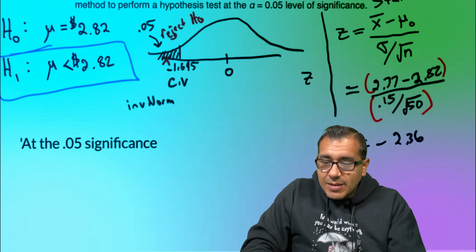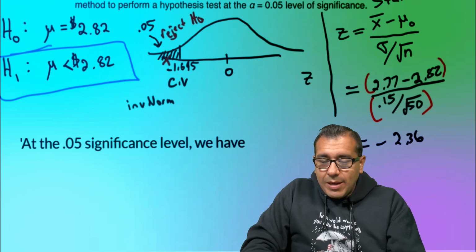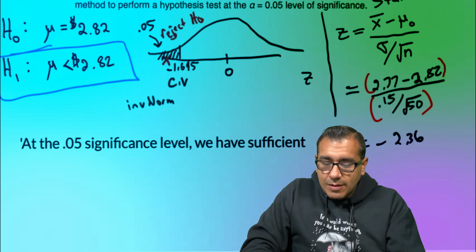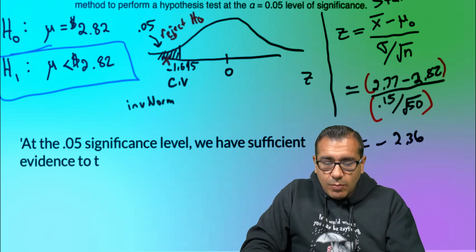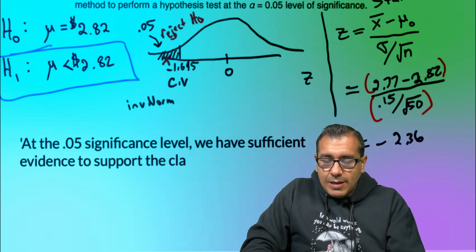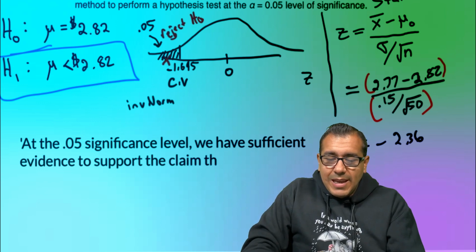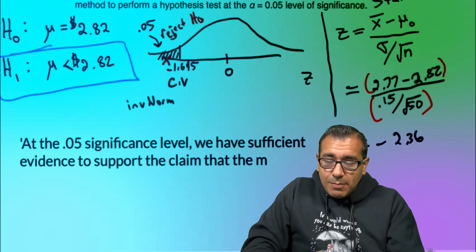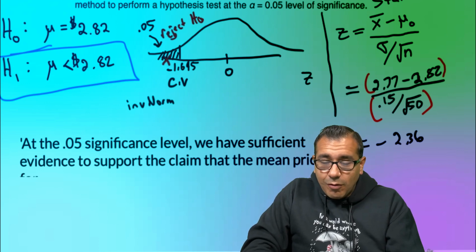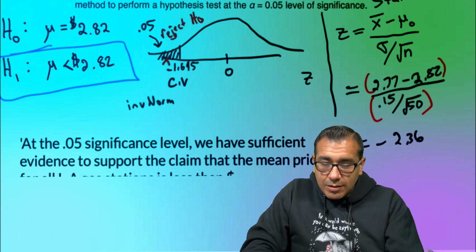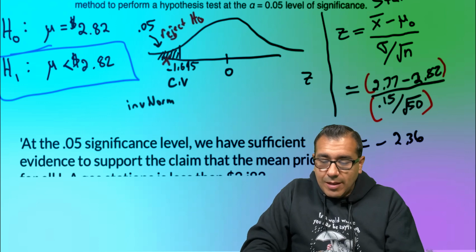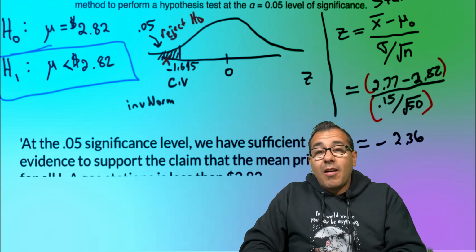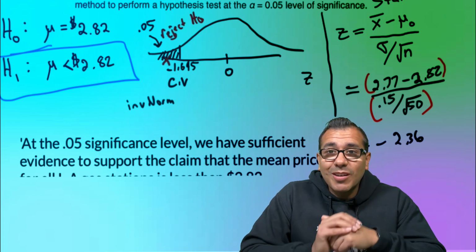So at the 0.05 significance level, we have sufficient evidence to support the claim that the mean price for all LA gas stations is less than $2.82. All right, mathletes, there's our conclusion.